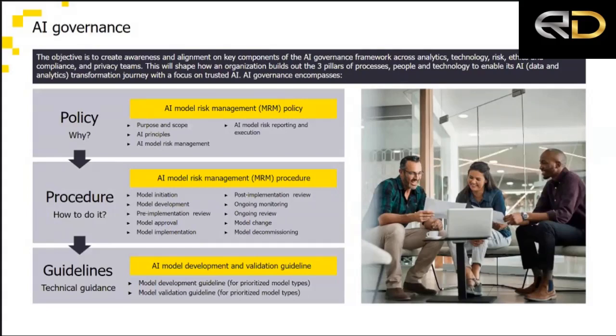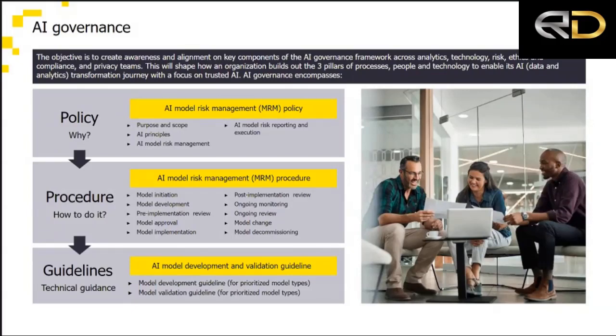So when you are looking at AI governance now, what exactly are we trying to do? AI governance is where we have to look at the why, the how, and also the technical guidance. The main thing you're trying to do here is to create awareness and alignment of the key components of the AI governance framework across analytics, technology, risk, ethics, and so on.